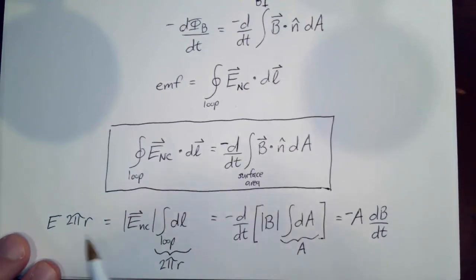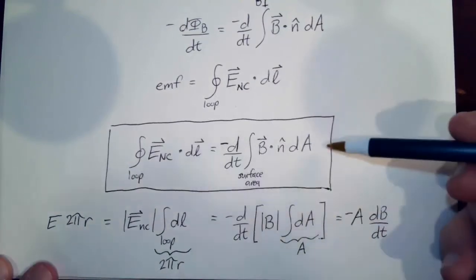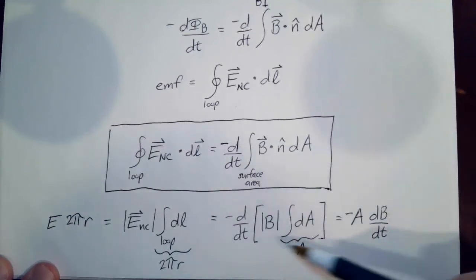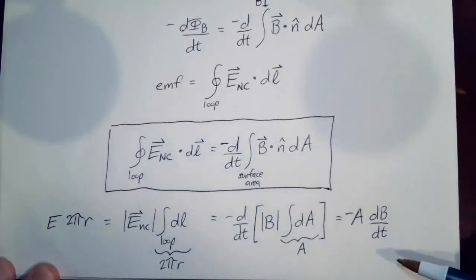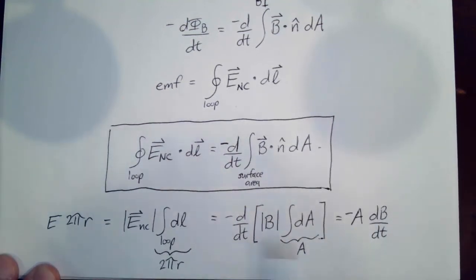Okay, so this is a simplified version of this law where things are nice and symmetric and makes the math easier. But this is the fully general case. Down here, though, we can see clearly that if the magnetic field changes with respect to time, it's going to give me a non-zero electric field.